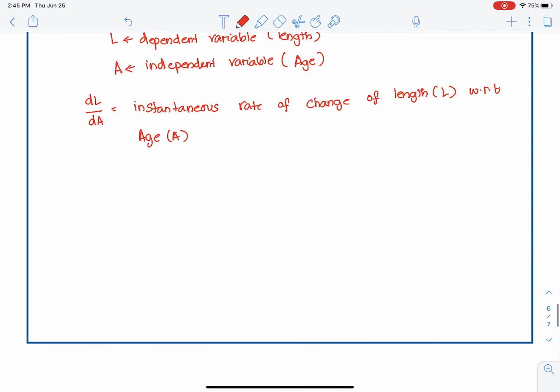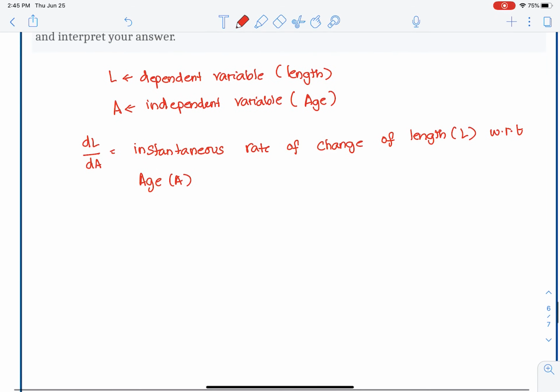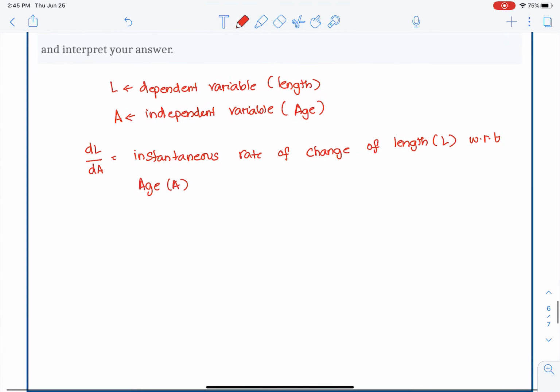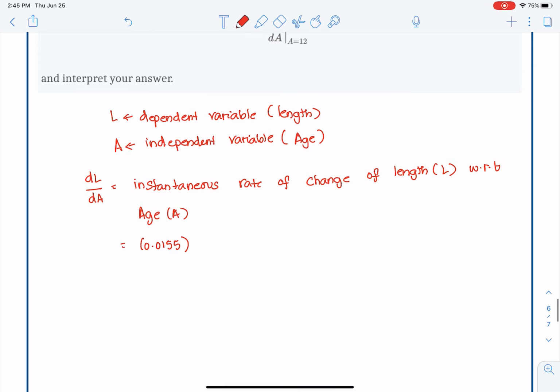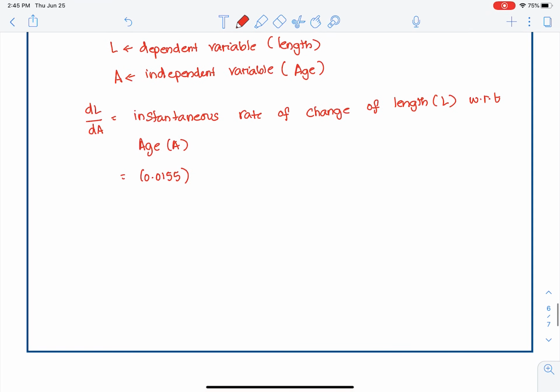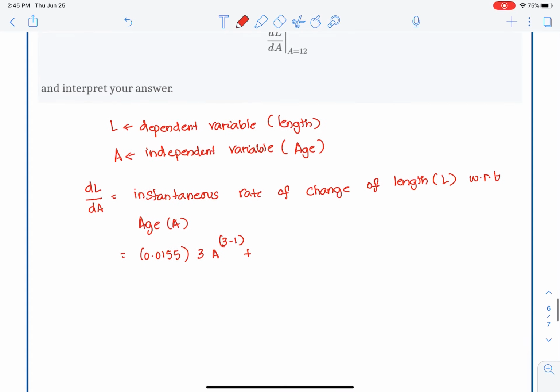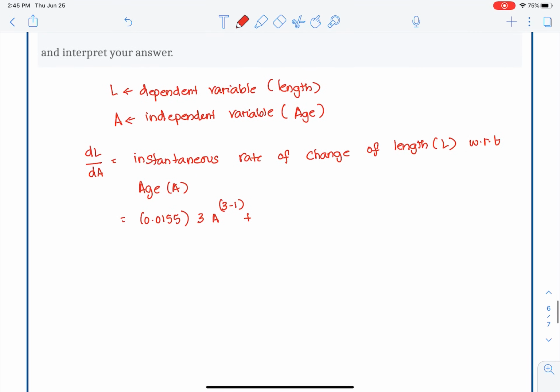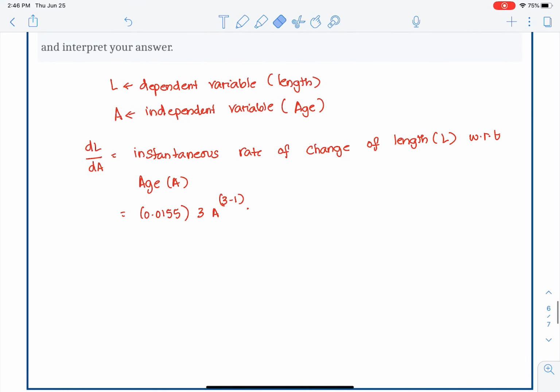Well, the first constant is 0.0155 and A has a power of 3. So 3 comes to the front, A raised 3 minus 1, plus the second constant, or minus 0.372.